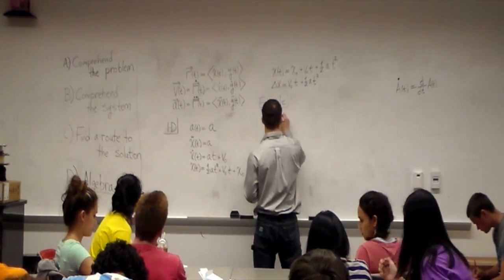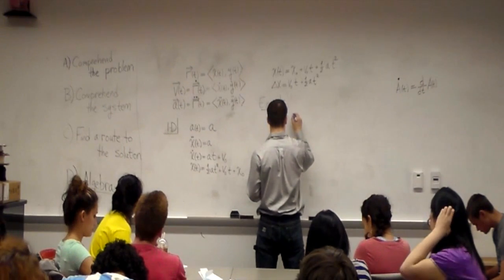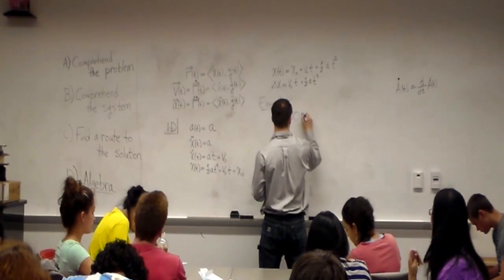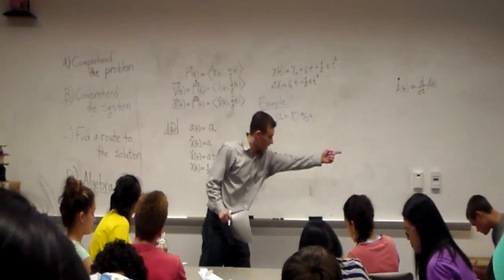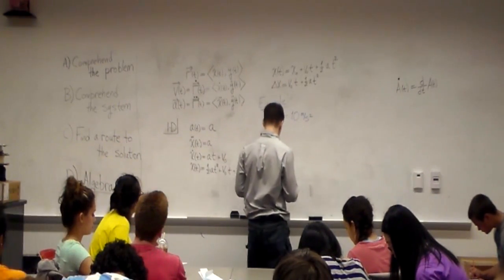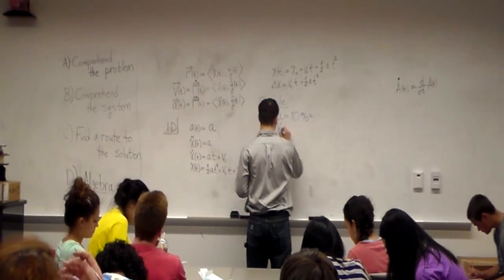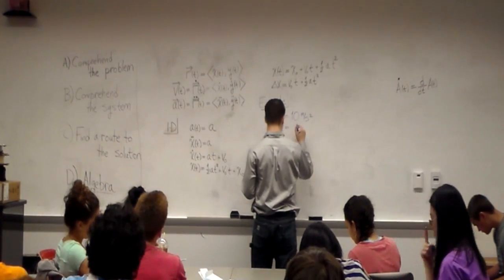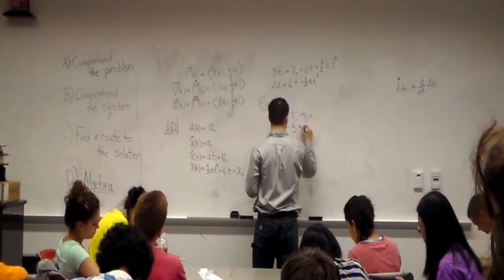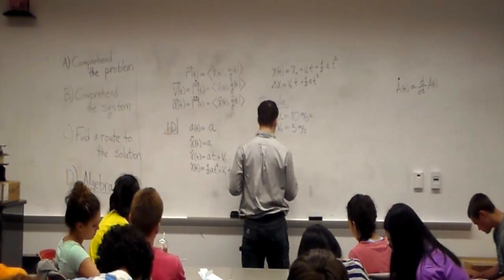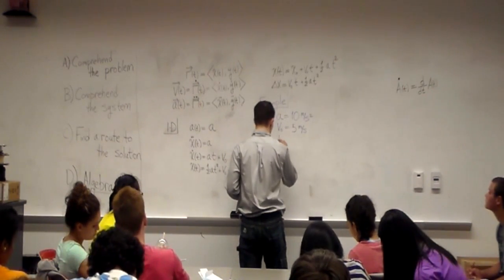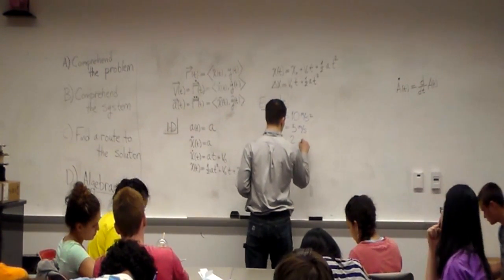The acceleration that it experiences is equal to 10 meters per second squared. And it's positive acceleration, so it's accelerating in that direction. Its initial speed, it begins with v naught equals 5 meters per second. And I want to know how far it's gone after t equals 2 seconds.